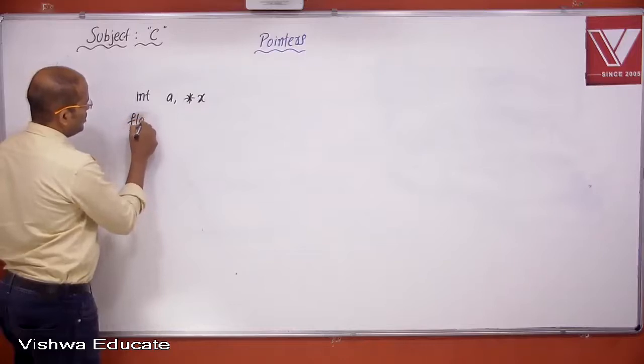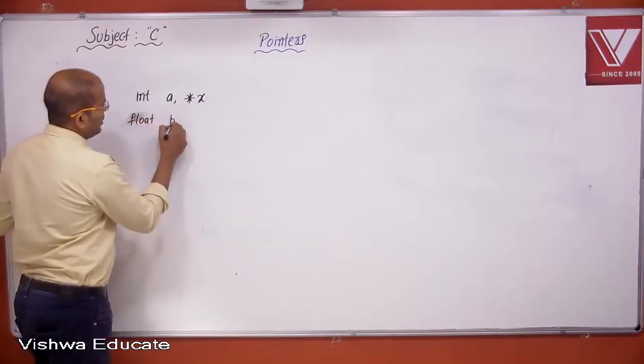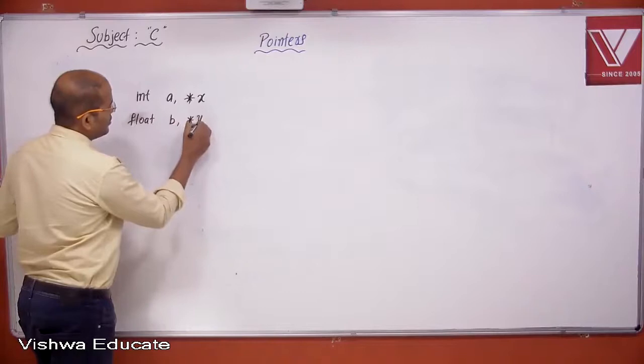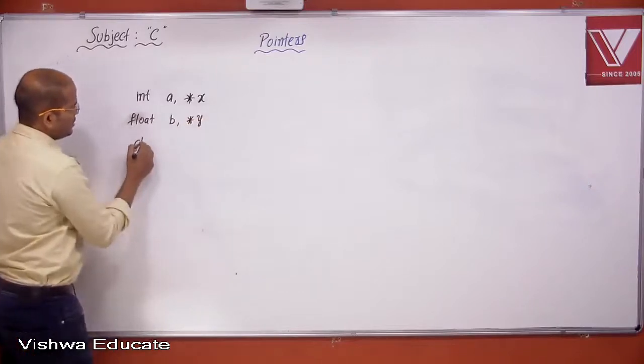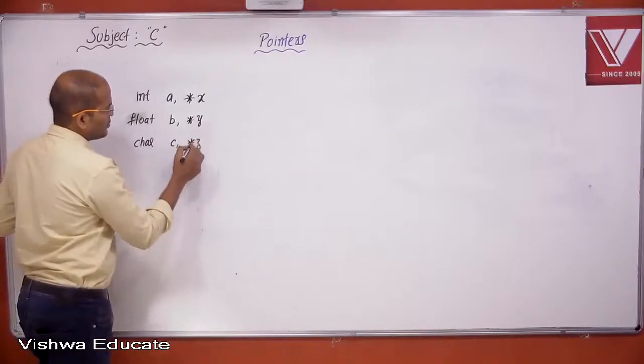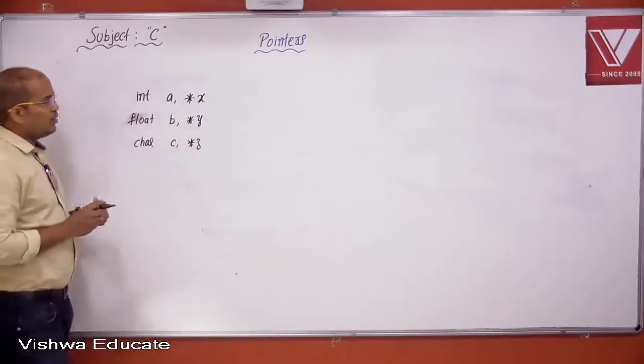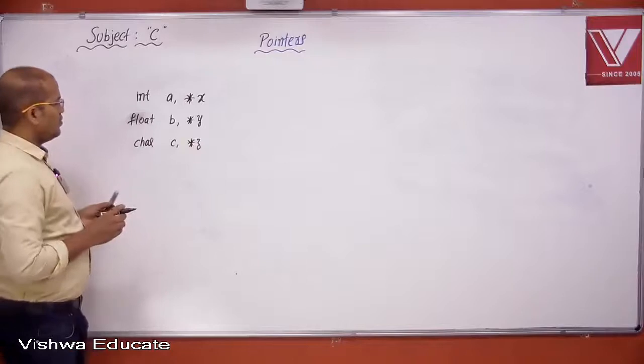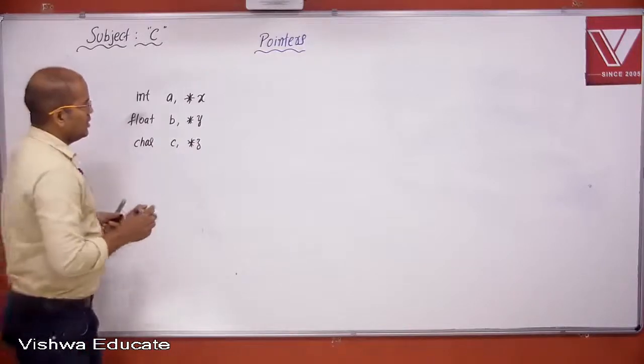I say float b, I get pointer y. And I say char c, I get pointer z. Int a is pointer x, float b is pointer y, char c is pointer z.